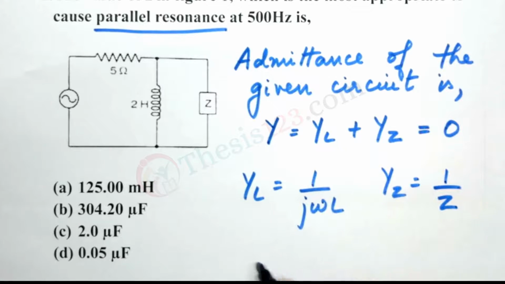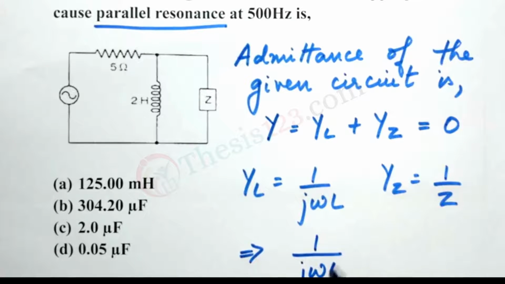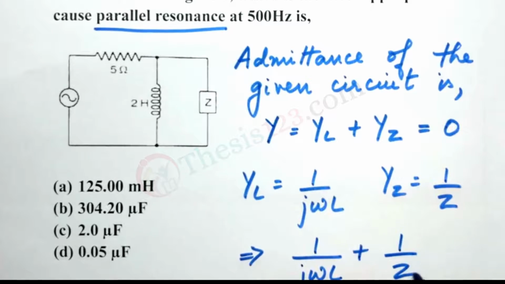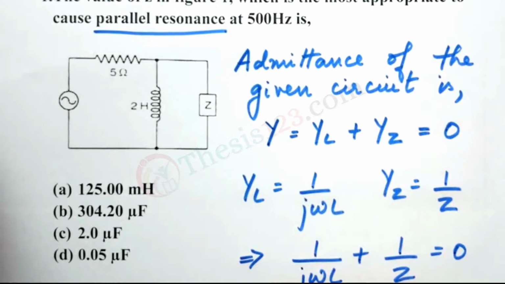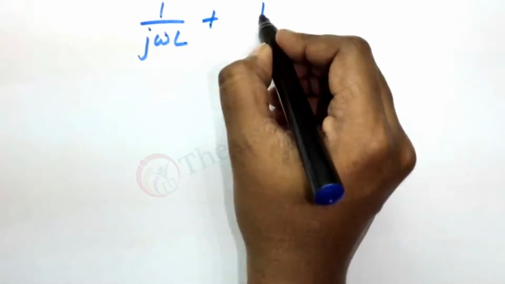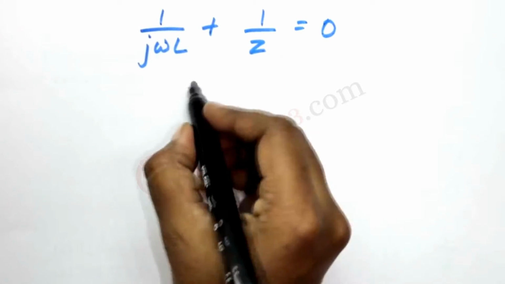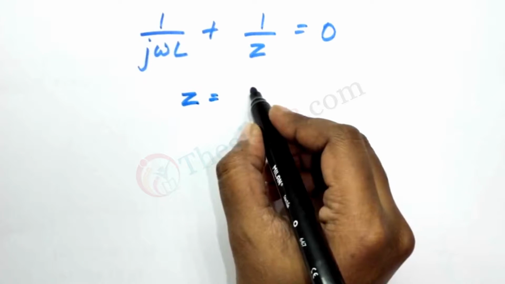If we solve this equation for Z, we get a certain expression. So the expression so far: 1 by j omega L plus 1 by Z is equal to 0. Solving for Z, we obtain Z equals omega L by j.